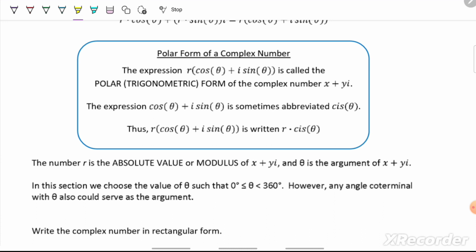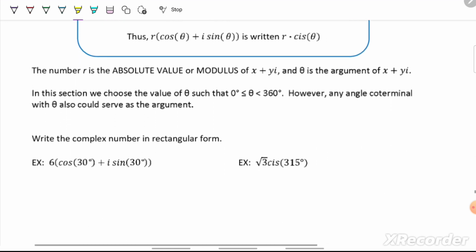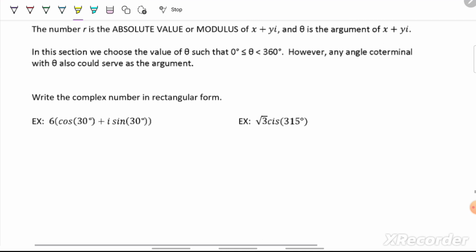The r is the absolute value or modulus of x plus yi, and theta is the argument of x plus yi. In this section, we choose the value of theta to be between 0 and 360 degrees. However, any angle coterminal with theta could also serve as the argument, but we'll keep the angle small, keep it within 1 revolution.